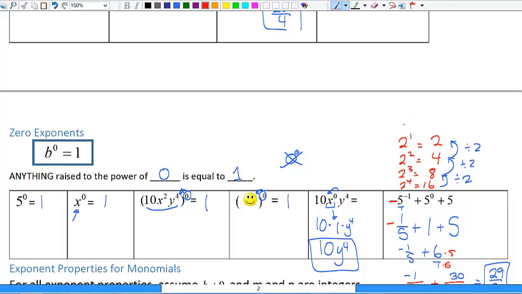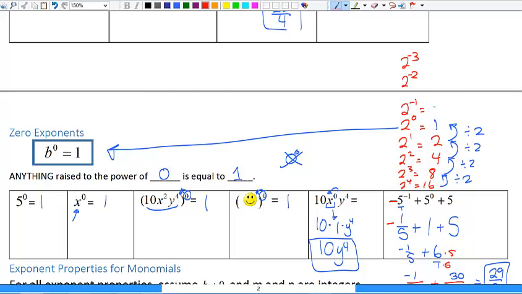If you continue that pattern, 2 to the 0, well, if we were at 2 and we're using our pattern of divide by 2, 2 divided by 2 is 1. That's one piece of anecdotal evidence that a zero exponent is equal to 1. And it goes back even further if you think about your negatives. 2 to the negative 1, well, that's 1 over 2, right? If I take 1 and divide it by 2, yep, that's a half.